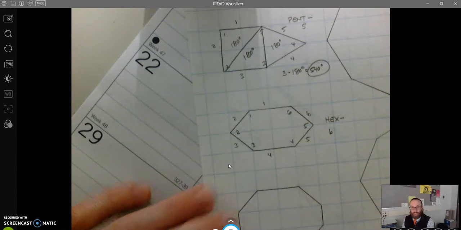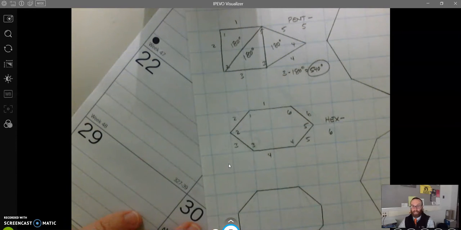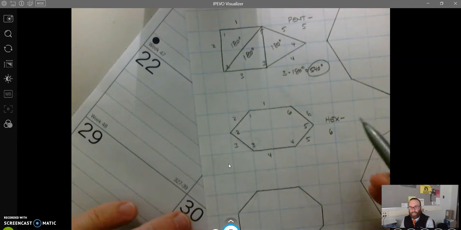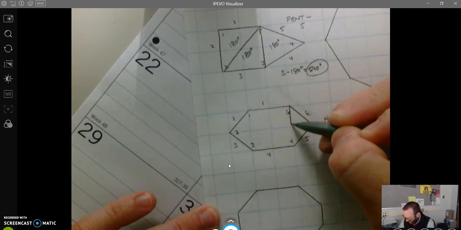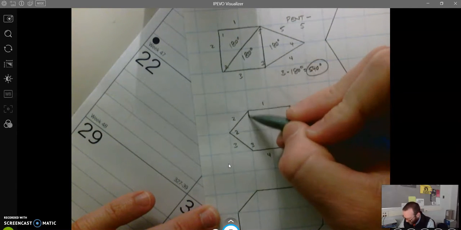Hex meaning 6. A hex head screwdriver is going to have 6 sides on each screw, things like that. But notice that I have that same situation here.